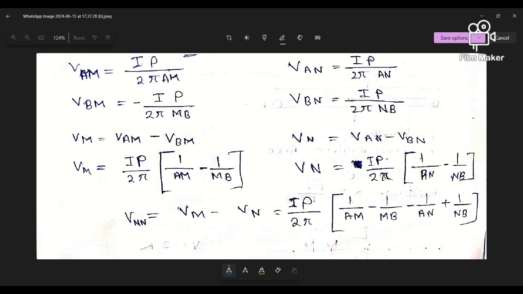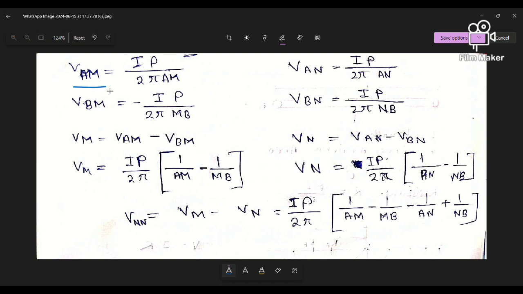So now we will see the current from this electrode C1 to the P1 potential electrode. How do we measure the voltage?